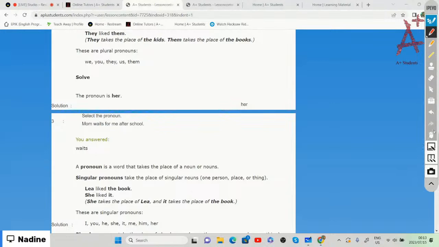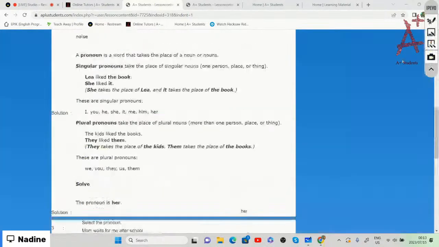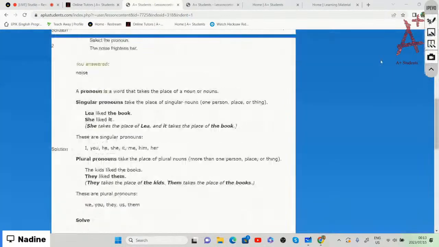All right, so we said that a pronoun is a word that takes the place of a noun or nouns, right? So instead of saying, for example, the person's name, or mentioning books or boots, we can just say I, you, he, she, it, me, him, or her.